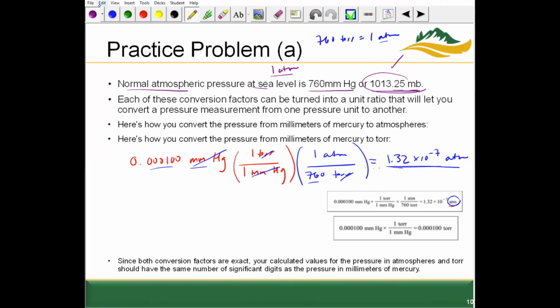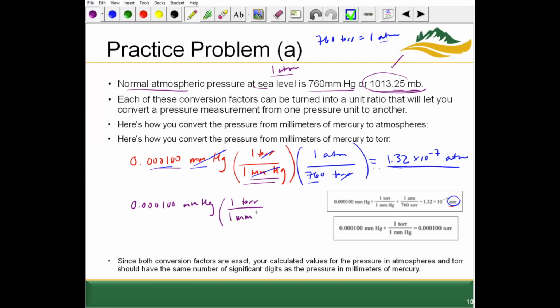Then we were also asked to convert this into torr. So we have 0.000100 millimeters of mercury to go between millimeters of mercury and torr. Technically, it's a 1-to-1 conversion, so we don't really need to show this, but it's good to get practice figuring out what we need to cancel out.